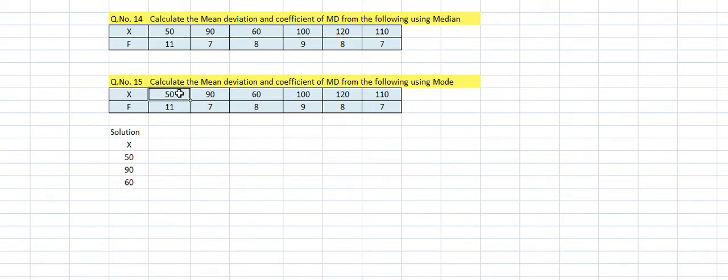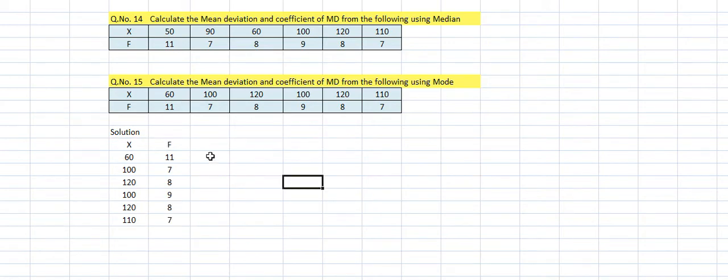The question is like this: 60, 100, 120, 100, 120, 110. Leave the frequency the same: 11, 7, 8, 9, 8, 7.